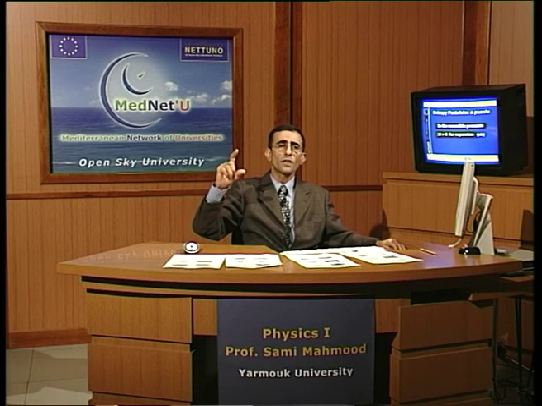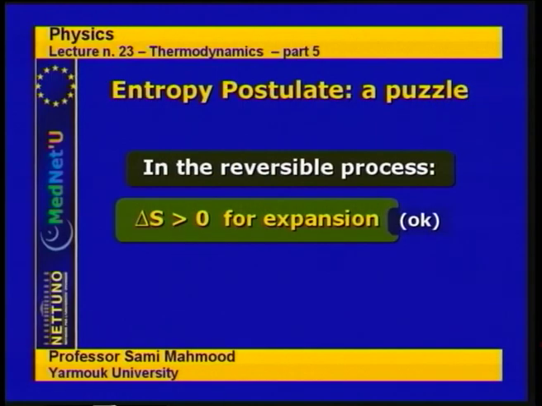Now, in the first part of the reversible process of the cycle, as we expand the gas, delta S is positive. It is Q over T, and Q is positive, as we said. Then delta S is greater than 0, which fits with the postulate of entropy, that delta S should increase. It never decreases.